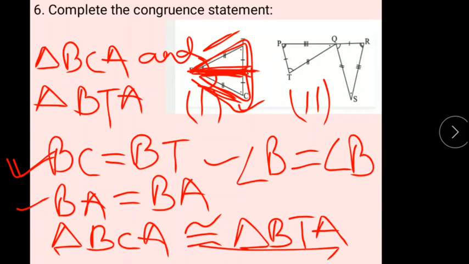Okay, now we will proceed to the next figure, that is figure number 2. So I'll be proceeding to the next page. You can copy this one. The number 2 figure I'm going to draw here.